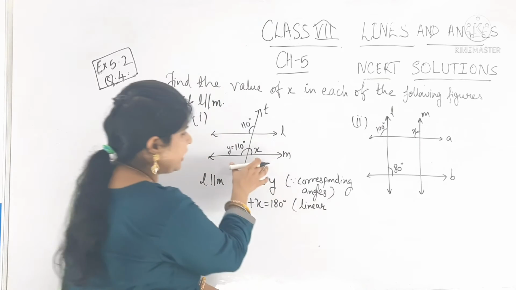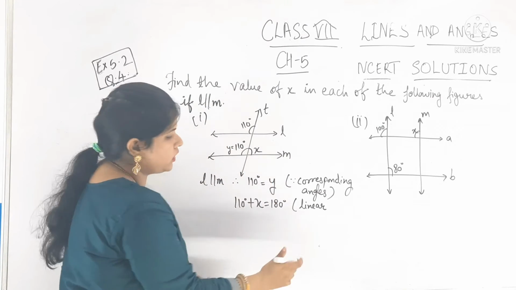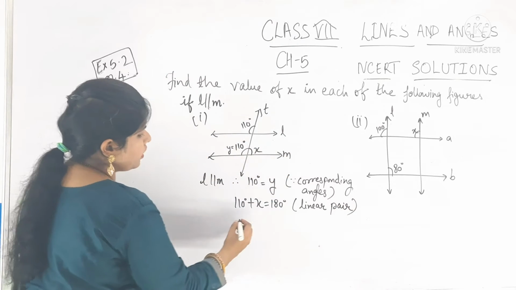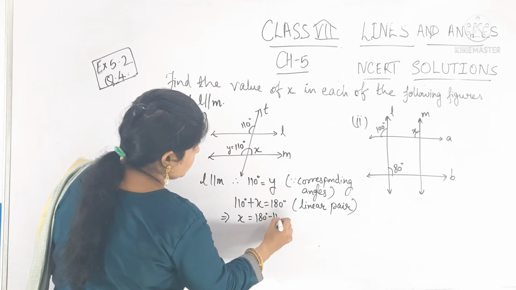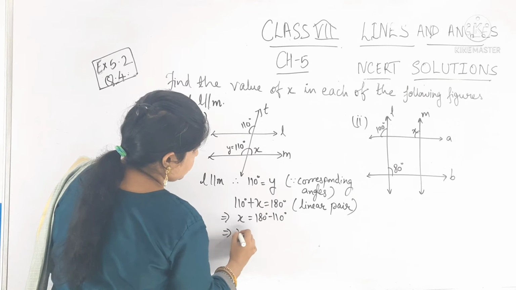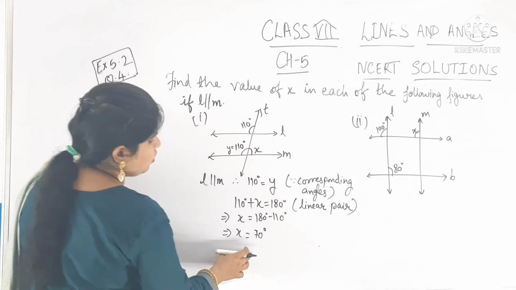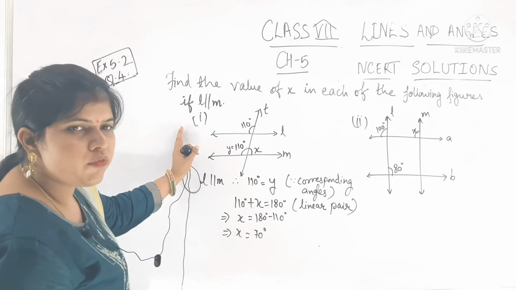Wherever there is a straight line, the angles making a straight line add to 180 degree. It's a linear pair. So x equal to 180 degree minus 110 degree, x equal to 70 degree. So I am getting x equal to 70 degree here. So that is your answer for the first one.